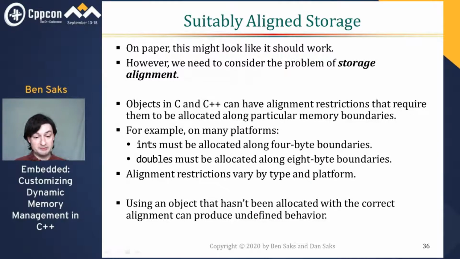These alignment restrictions depend on your specific platform, so these aren't guaranteed. It might require 8-byte alignment, it might require only 2-byte alignment. Depends on the platform. But your platform very likely has some restrictions on these, and if you create an object allocated without the proper alignment, the result is generally undefined behavior.